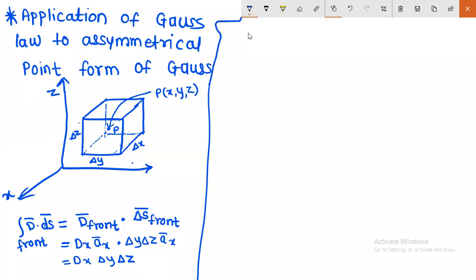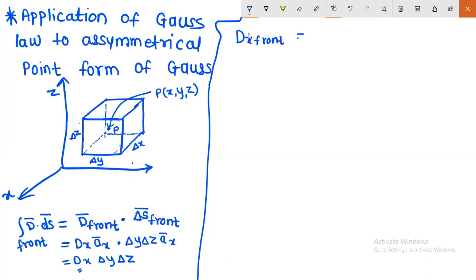Now we have to write the equation for this Dx for the front side. So this Dx front is given as, remember this equation, because this is a formula.